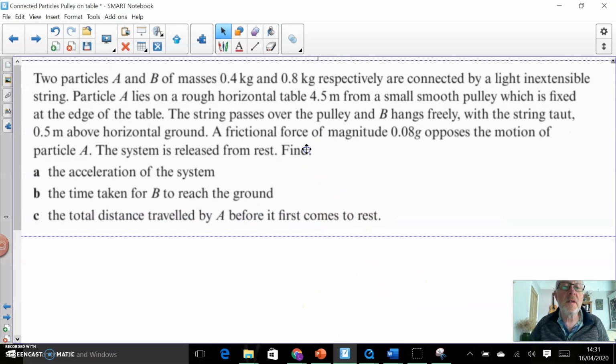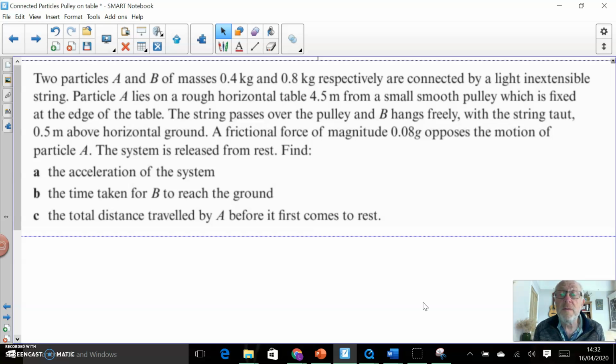Two particles, A and B, of masses 0.4 kilograms and 0.8 kilograms respectively, are connected by a light, inextensible string. Particle A lies on a rough horizontal table 4.5 meters from a small smooth pulley which is fixed at the edge of the table. The string passes over the pulley and B hangs freely with the string taut 0.5 meters above the horizontal ground.